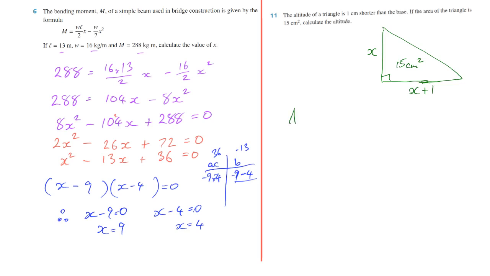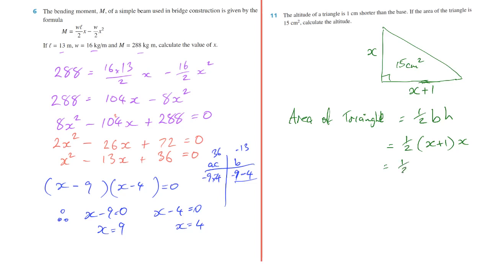Okay. Well, area of a triangle, we're assuming that you're big people now and you can know some area formulas. You can always look them up in Google, but it is a half base times height. So a half, the base is x plus 1 and the height is x.